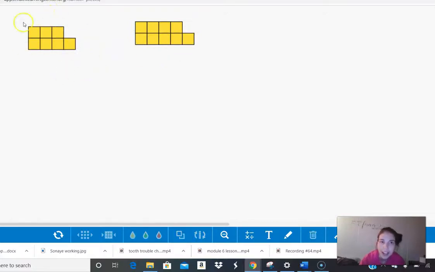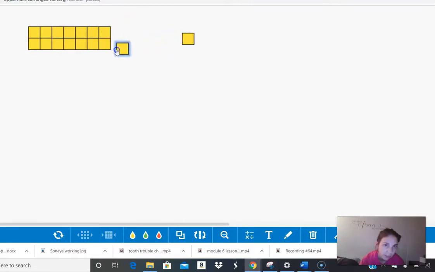So if we add odd plus odd, what are we going to get? Let's see. Odd plus odd. And the last one, we got an even number. Let's see if it works out that way again. So curious to see. Oh my goodness, look at that.